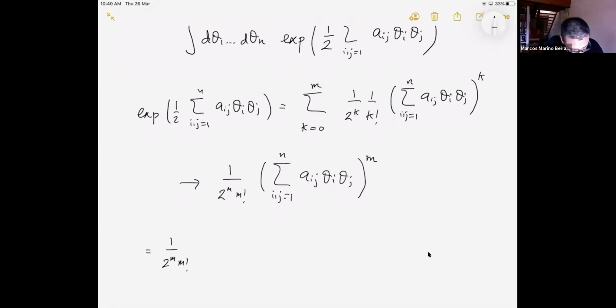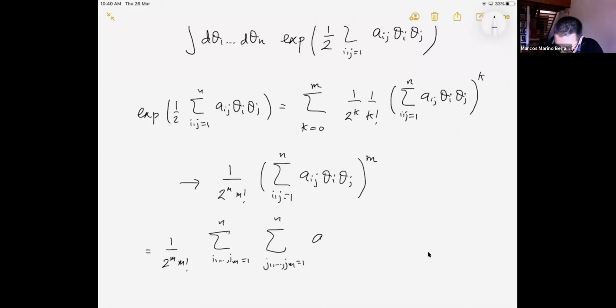Okay, and you see that here you will have m indices from 1 to n. You will have m indices for j, 1 to n.